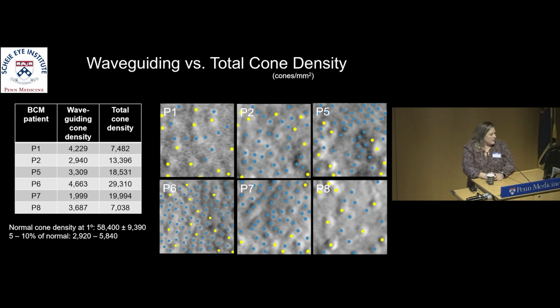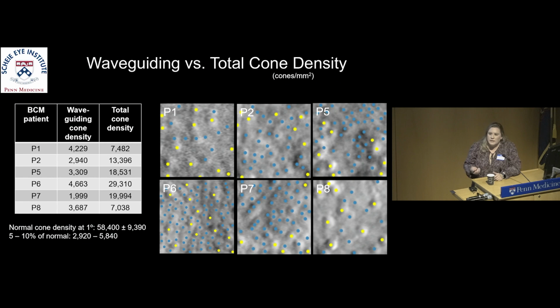And those numbers ranged from about 2,000 to 4,600 for the wave guiding densities versus 7,000 to about 30,000 for the total cone densities. And just to put this in perspective, the wave guiding densities for these individuals is about what you would expect for normal S-cone density. However, the total number of cones is reduced from normal.